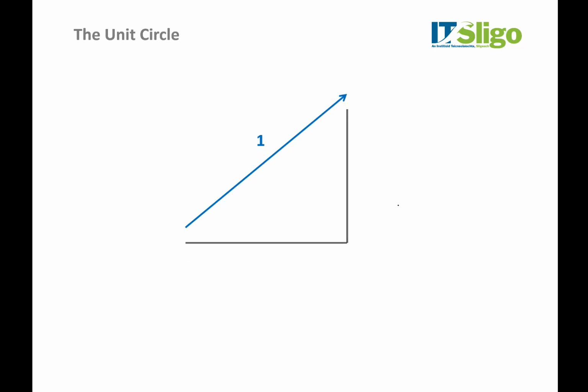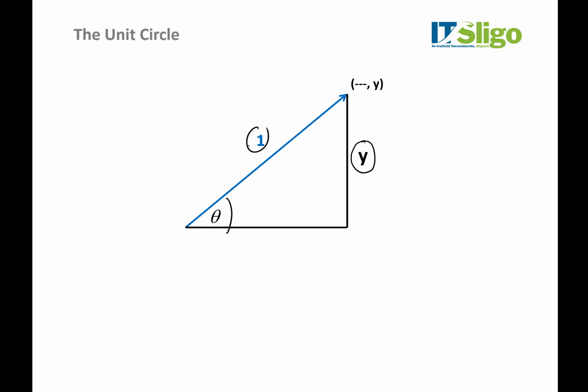So like I said, we're going to look at this vertical motion first. And if we get the sine of an angle, sine of theta, we know the hypotenuse, and we're interested in this vertical motion, y. So the ratio that describes this vertical, opposite theta and hypotenuse, is sine.